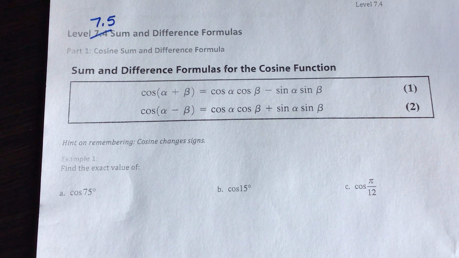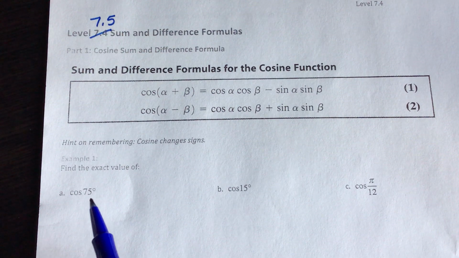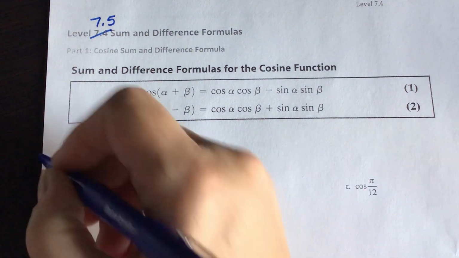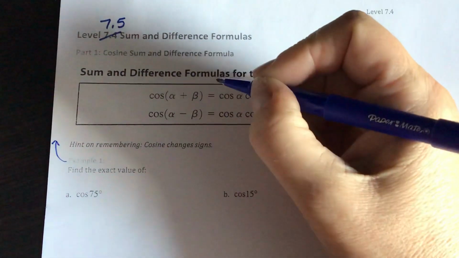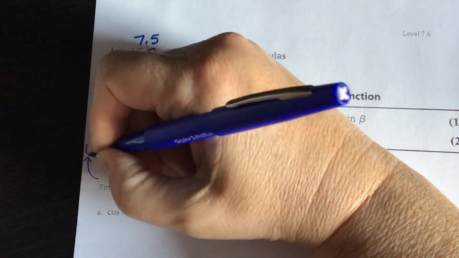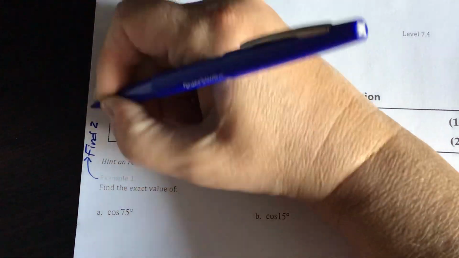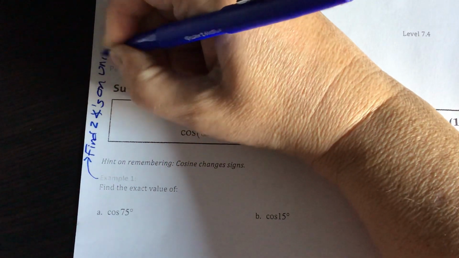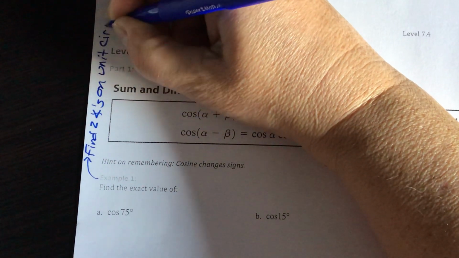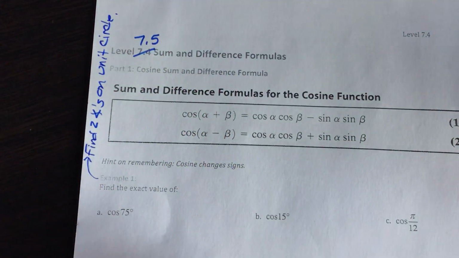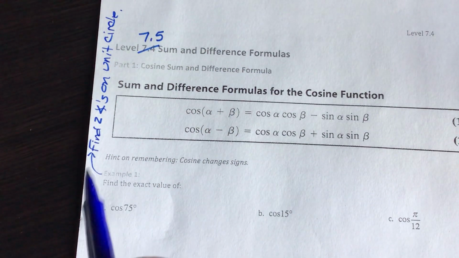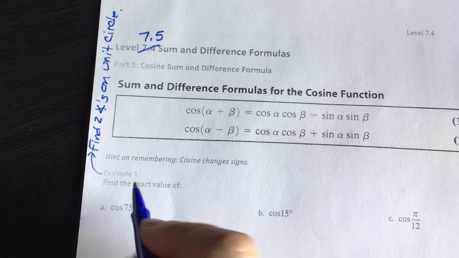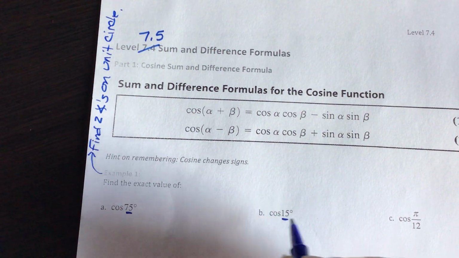All right, so first of all, we want to find two angles on the unit circle, so I'm just going to make a note of that. Find two angles on the unit circle whose sum or difference is one of these numbers.